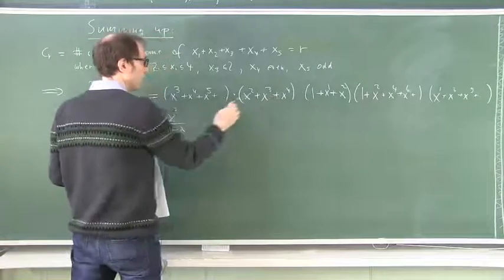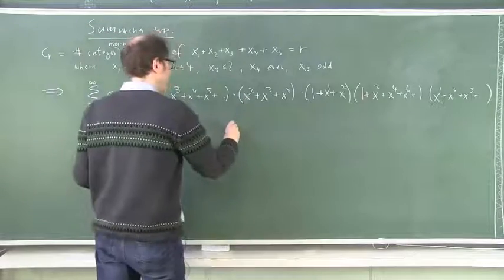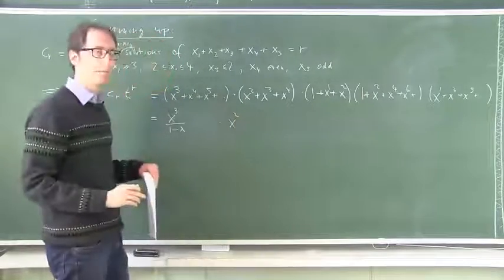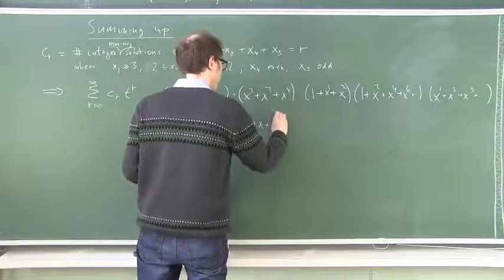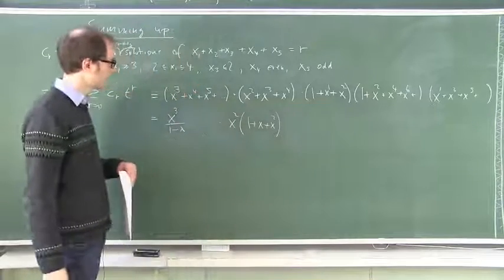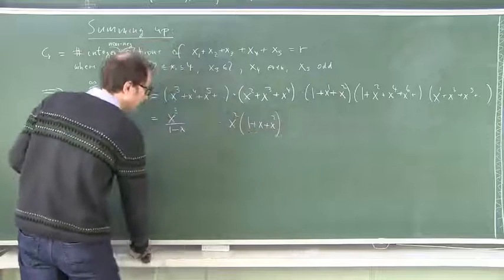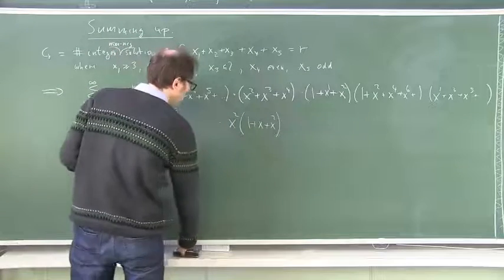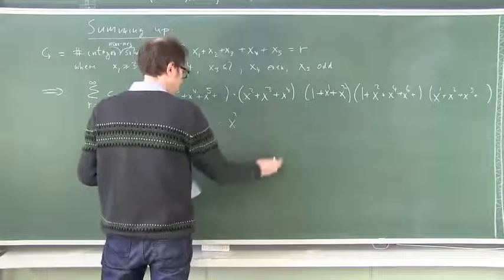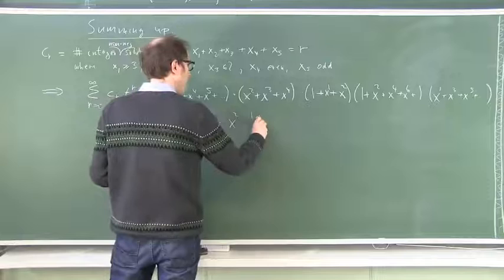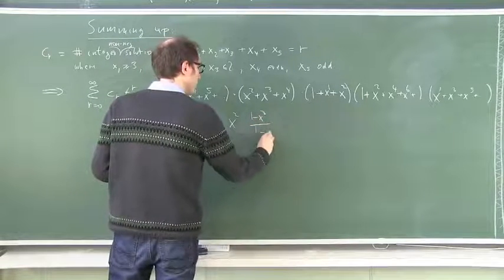Okay, now let's look at this one here. In this case, you can either leave it, but of course, it's always good to take out a power, so x to the 2, 1 plus x squared. And if you like, you can also write this, as you've seen, as 1 minus x cubed divided by 1 minus x.